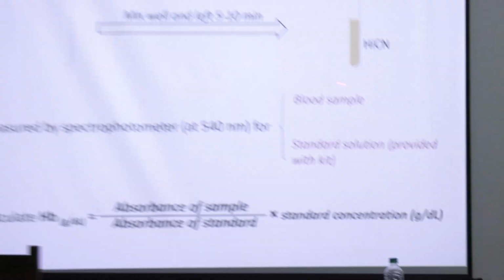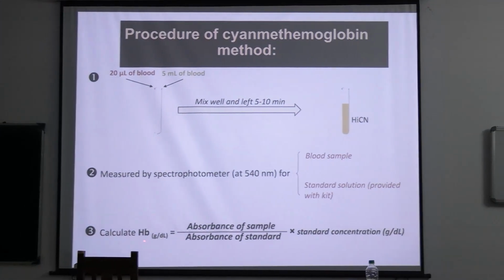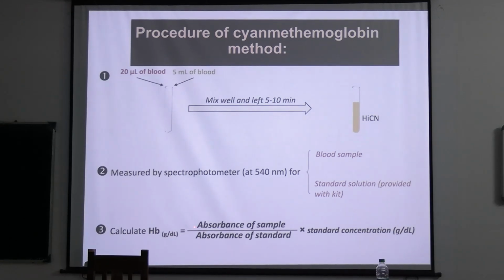So, how to calculate the hemoglobin? Once all this is done, how do you calculate the hemoglobin? That is absorbance of the sample divided by absorbance of the standard, into standard concentration in gram per dl.